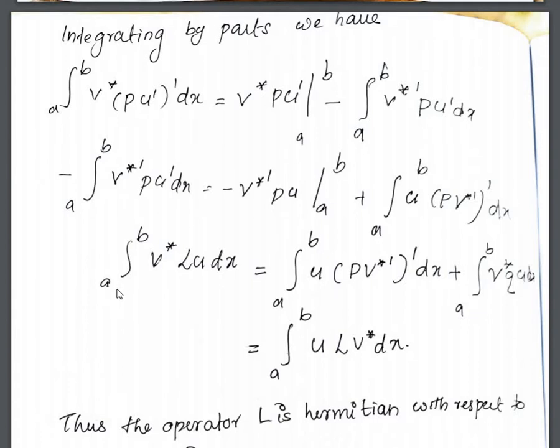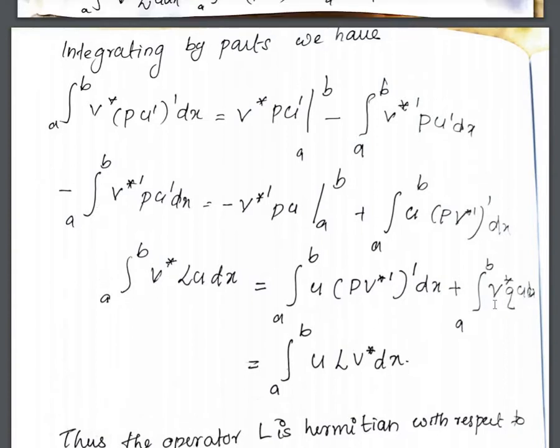So integral a to b v star Lu dx will become integral a to b u (p v star dash) whole dash dx plus integral a to b v star q u dx.